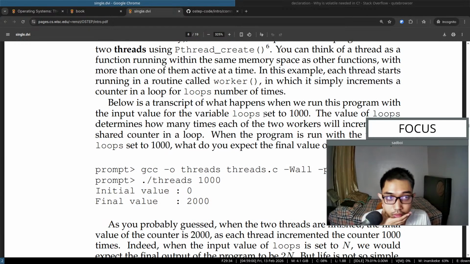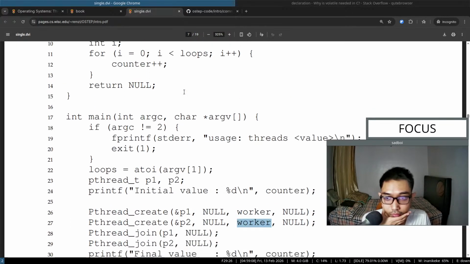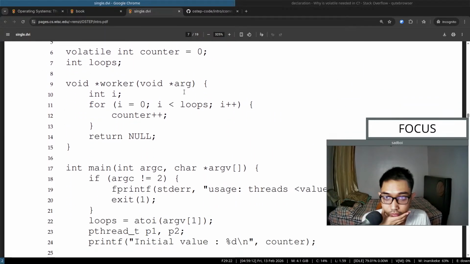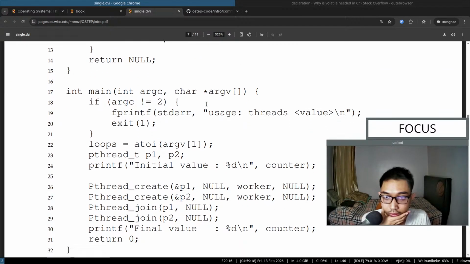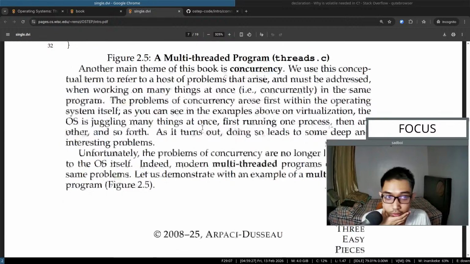In which it simply increments a counter in a loop for loops number of times. There are loops, and now, depending on the argument for the program.